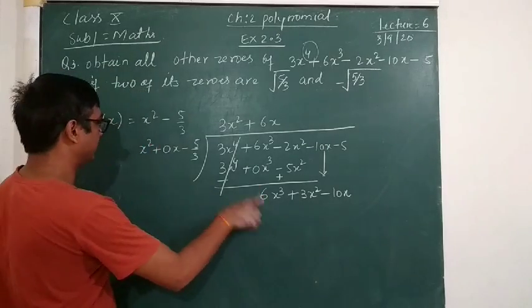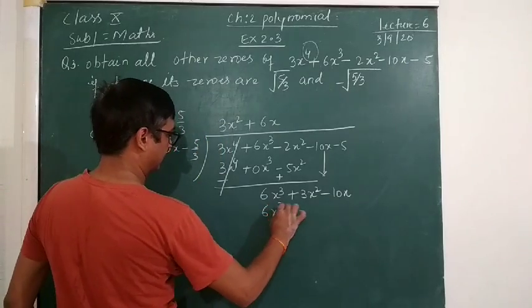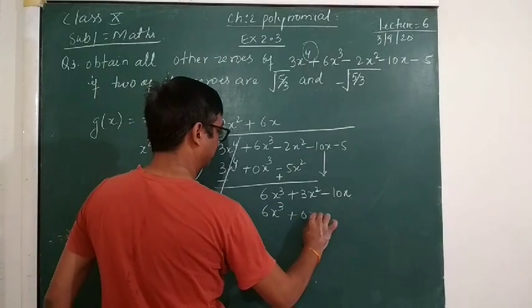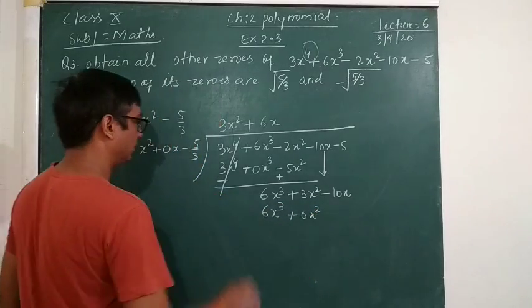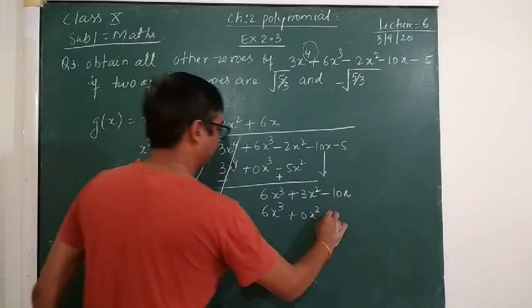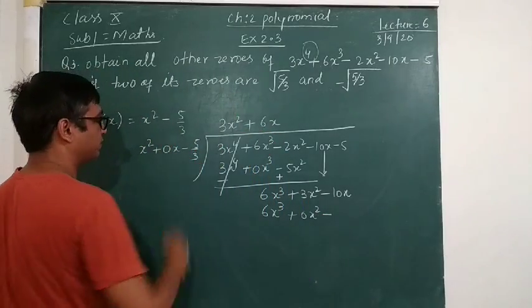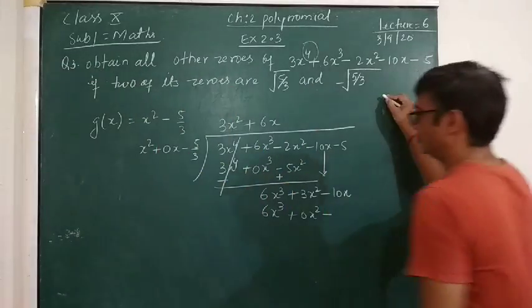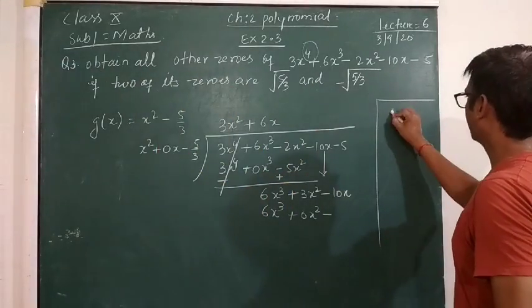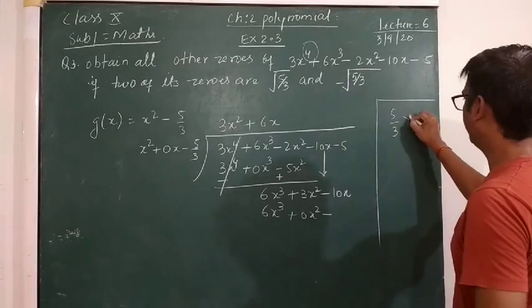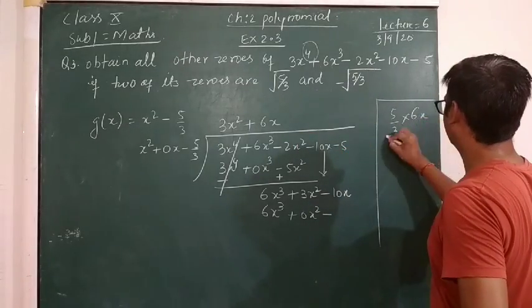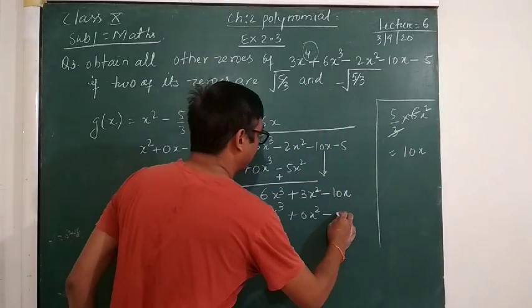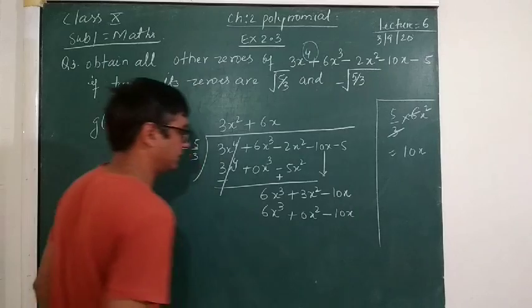So you can write 6x^3 + 0x^2 minus, changing signs, 5/3 into 6x, so 3 2s, you will get 10x.